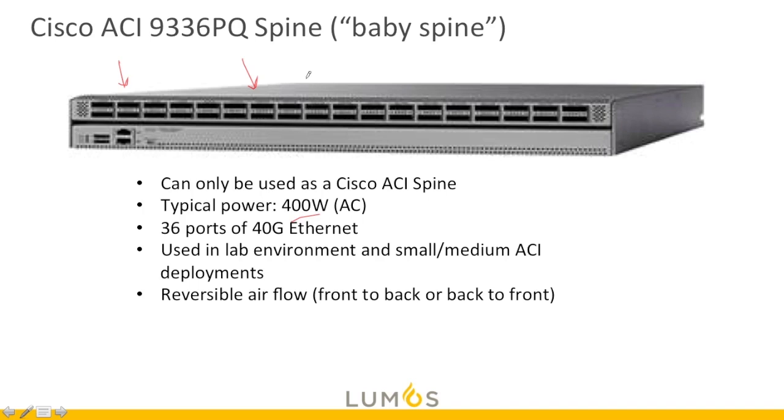But this 9336, if you have a pair of them or up to 6 of them, are supported as spines. Currently with that 2.0 release, I believe 6 spines are the maximum, whether you're doing the 9300s or the 9500s. So even the 9336 can still support a pretty good number of leaves. It also has reversible airflow, so it can do front to back or back to front.